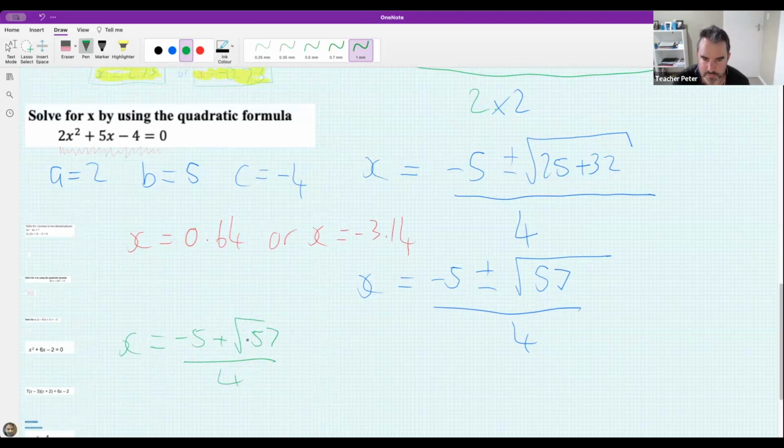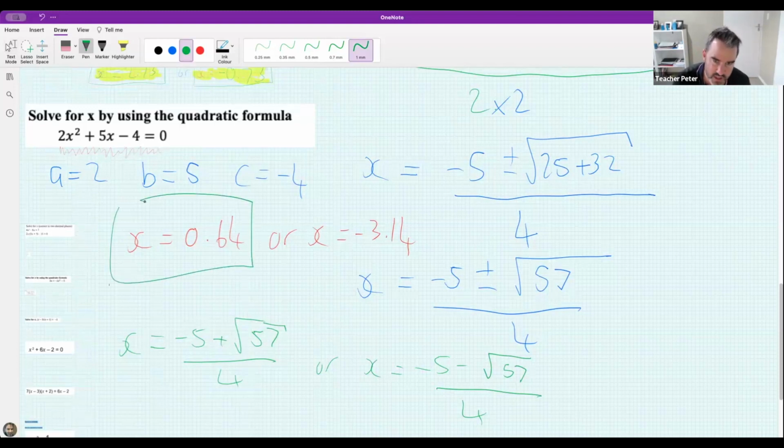So x is -5 plus square root 57 over 4, or x is -5 minus square root 57 over 4. My calculator says -5 plus square root 57, divided by 4, and I get 0.64, so I completely agree with you there.